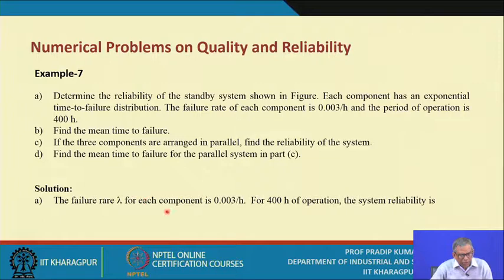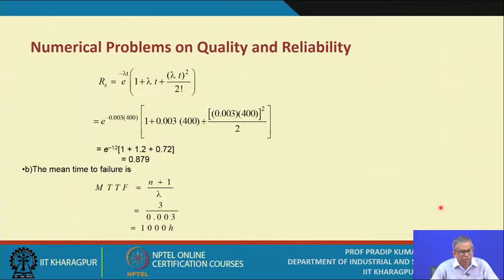So the failure rate lambda for each component is this 0.033 per hour. For 400 hours of operation, the system reliability is this one. That means RS is e to the power minus lambda t into this. Is it okay? We have already computed. That means what we have assumed. How do you get this expression?